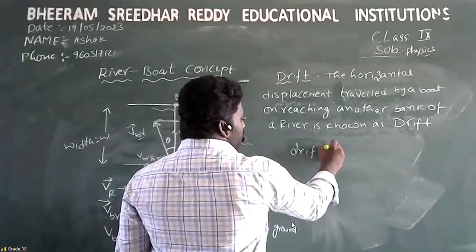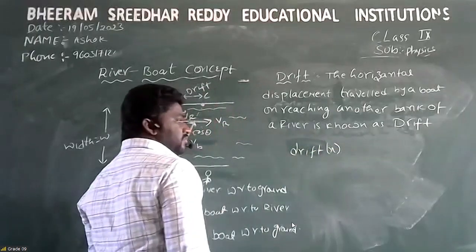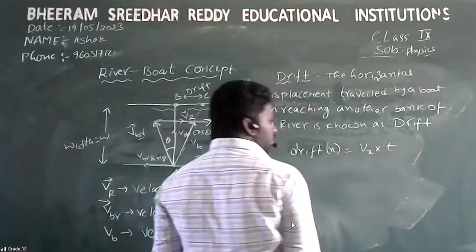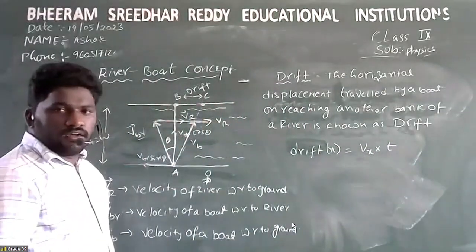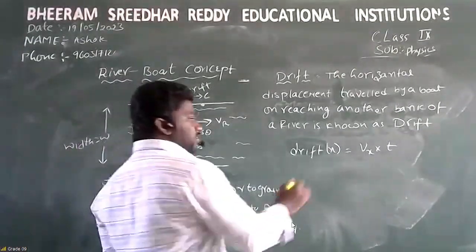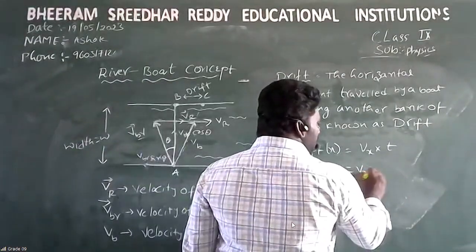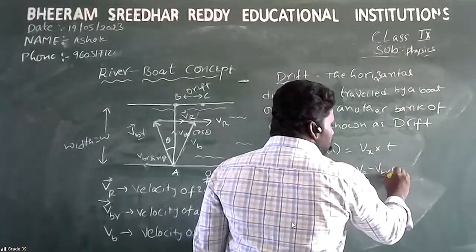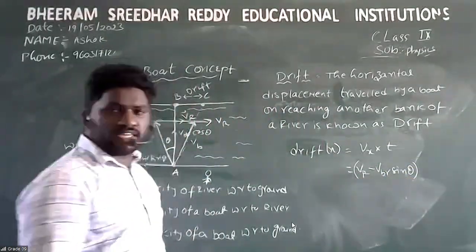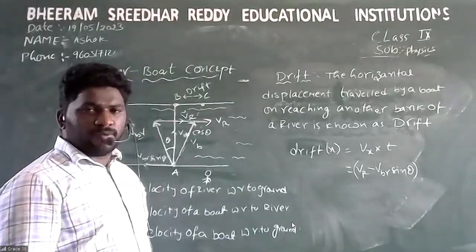Now drift x is equal to the horizontal velocity in the x direction into time. What is the velocity of the boat along the x direction? That is VR minus VBR sine theta. Horizontal velocity of the boat along the x direction is VR minus VBR sine theta.